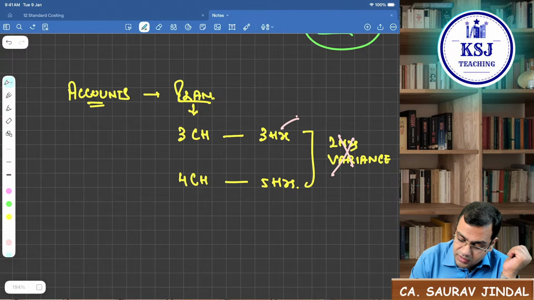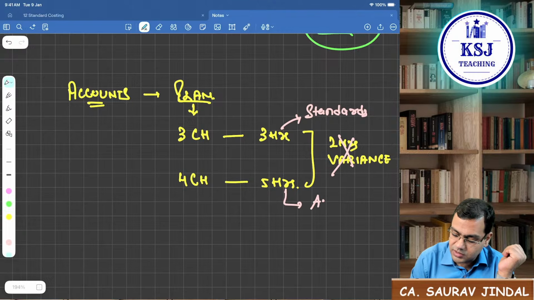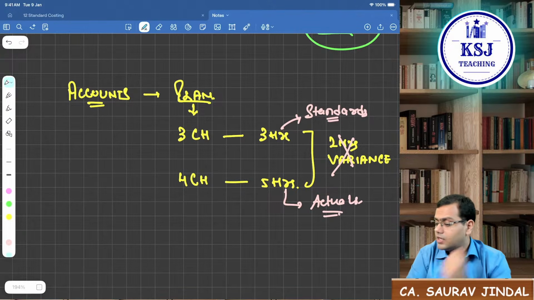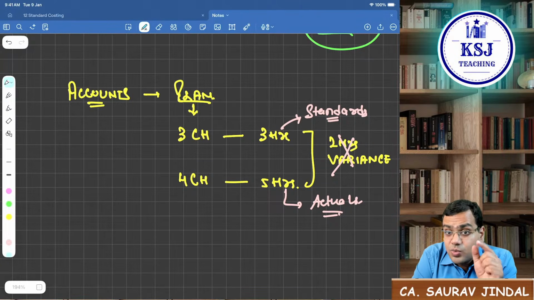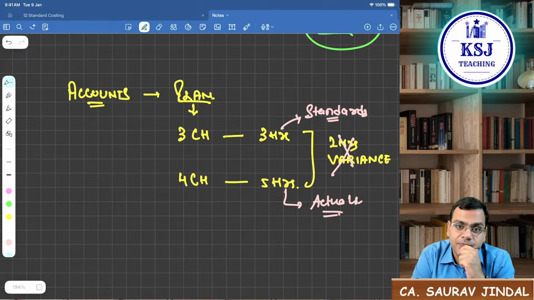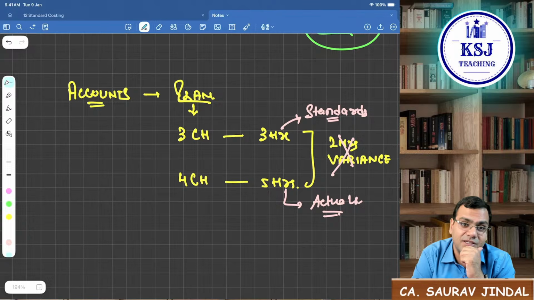So these are your standards, and these are the actuals. But here you cannot compare your standards with the actuals. The reason being, standards were set for 3 chapters, but actually the output is something different. You have done 4 chapters. So you cannot say there is 2 hours of variance because you have covered more chapters, right?